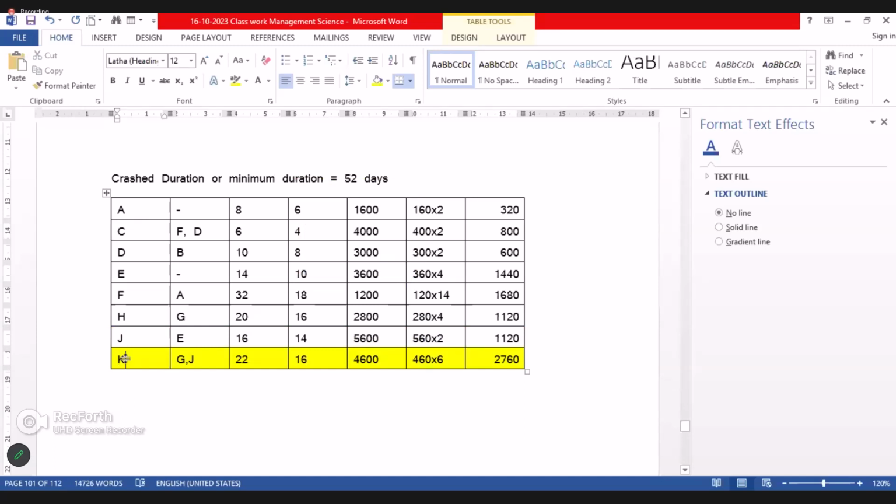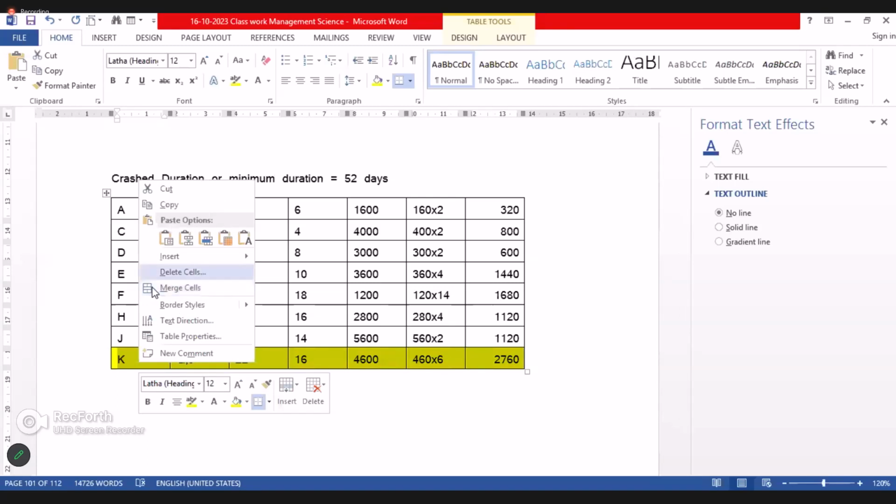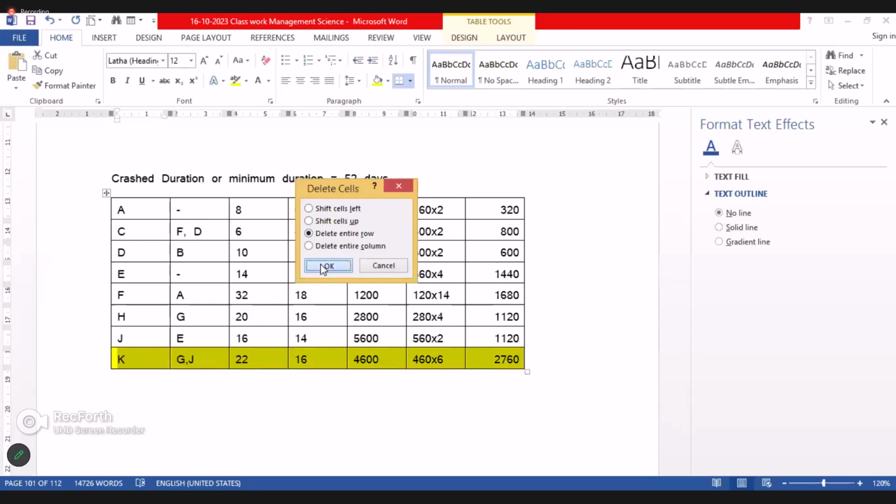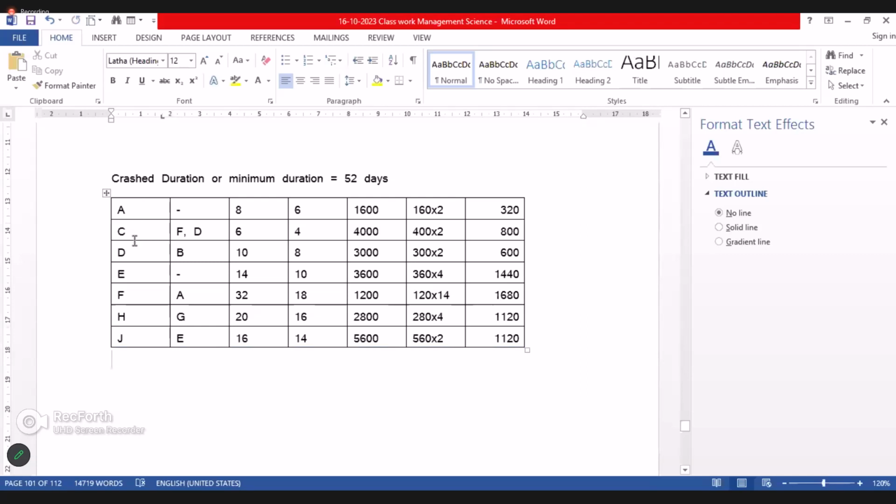Right now you see many activities are non-critical. One, two, three, four, five, six, seven activities are non-critical.